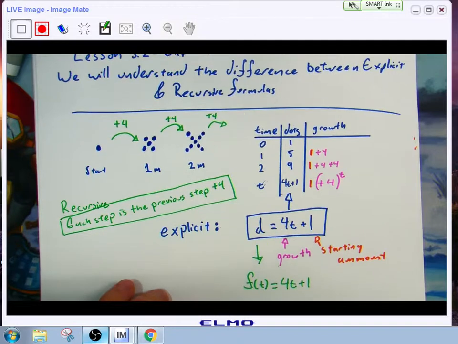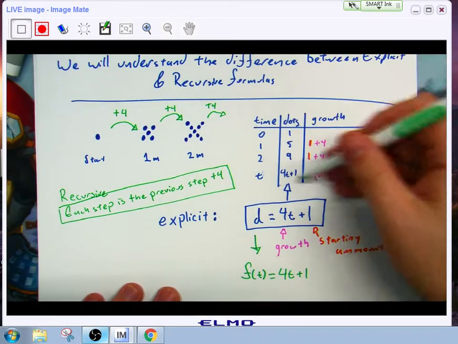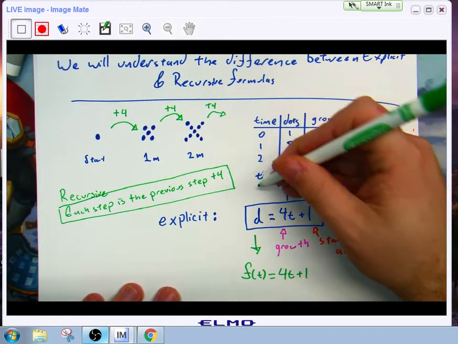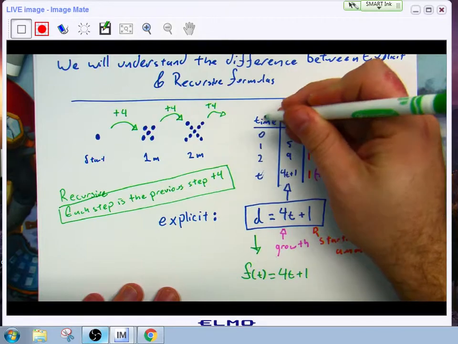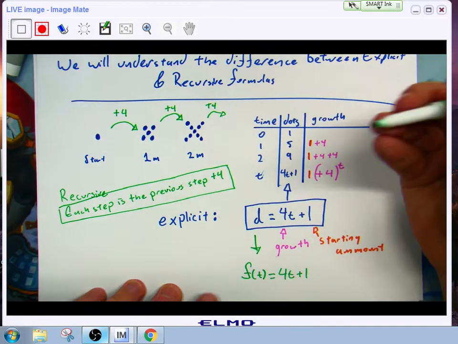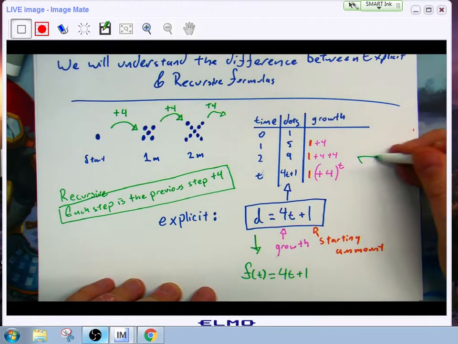Where all we're doing is changing our y, our output, to an f of x, or in this case f of t, because that's our variable. So when I look at my chart here, my 0, my 1, my 2, my t, I can view this, if 0, 1, 2 is my x variable, my input, my independent variable, what goes into the function machine. You guys remember the function machine? It's like a meat grinder.